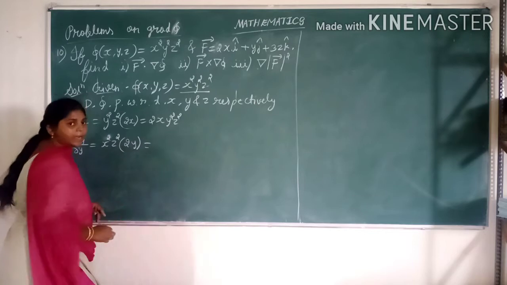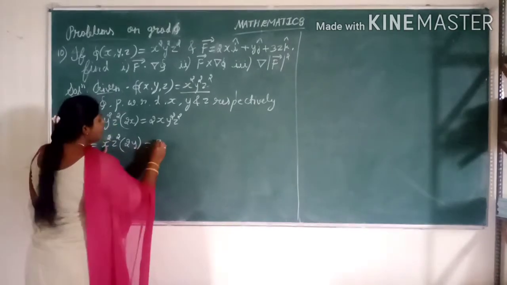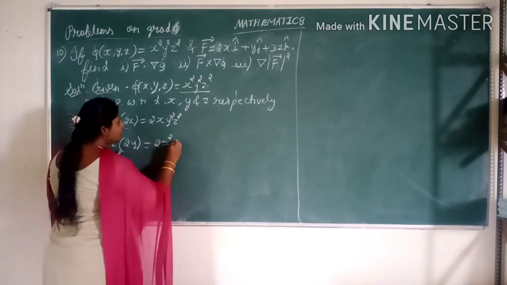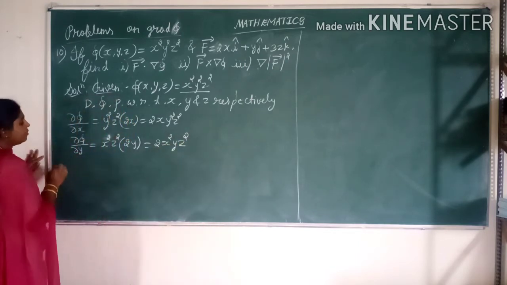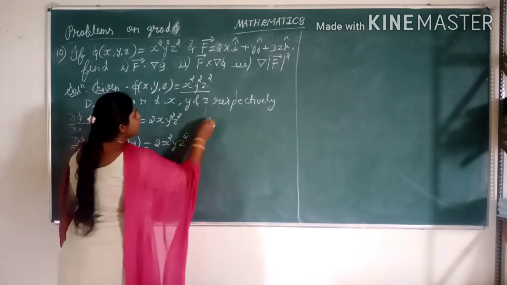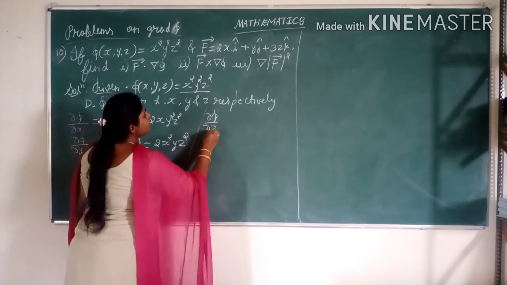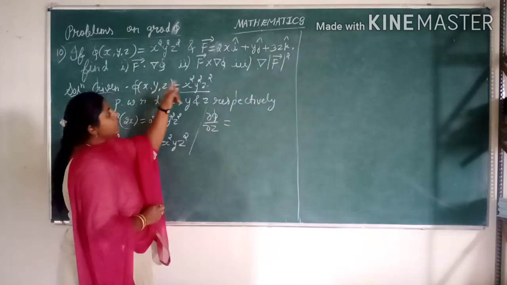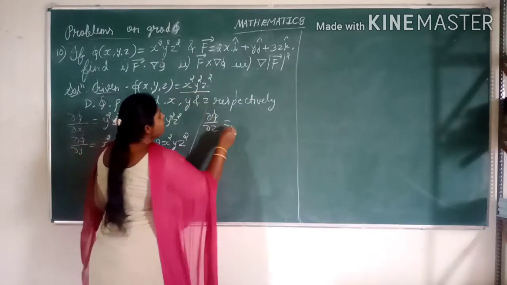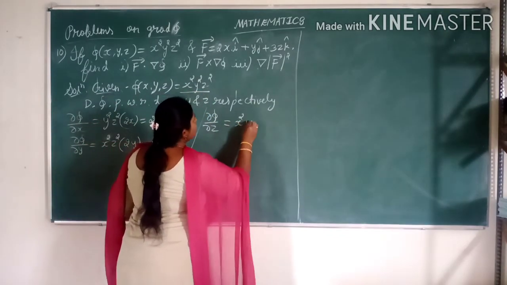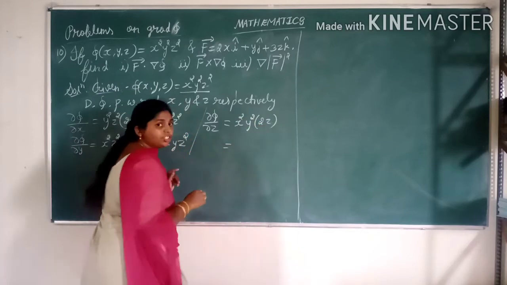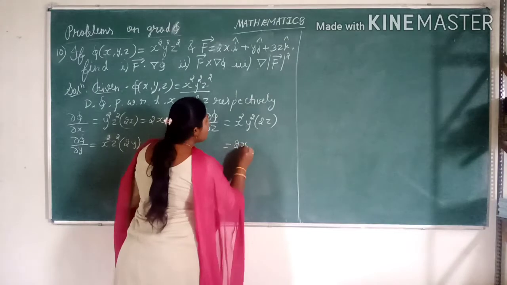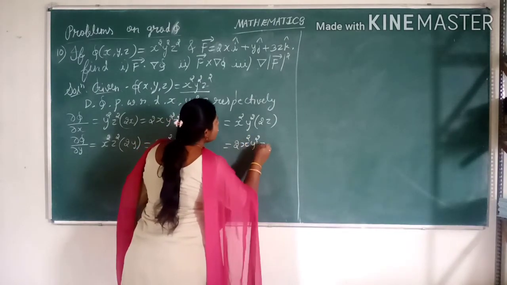Now multiply and rearrange the terms: 2 into x² term, y term, z². Again differentiate partially with respect to z. We get ∂φ/∂z. On the right hand side, take x and y as constant, x²y² constant. The differentiation of z² is 2z. Just rearrange the terms and write 2 into x²y²z.